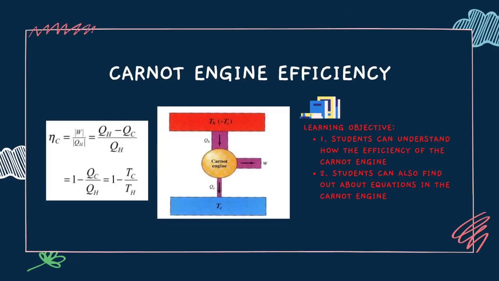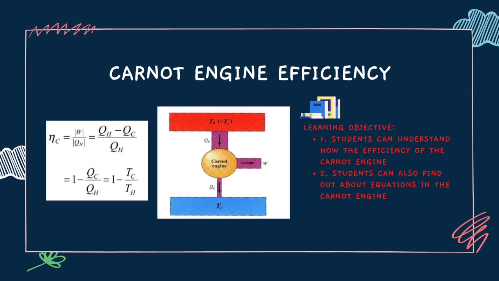The next is about the Carnot engine efficiency. The learning objectives. First, students can understand the efficiency of the Carnot engine. Second, students can also find out about the equation of the Carnot engine. The great importance of the Carnot engine lies in the fact that it is the most efficient heat engine possible that operates between two given temperatures.